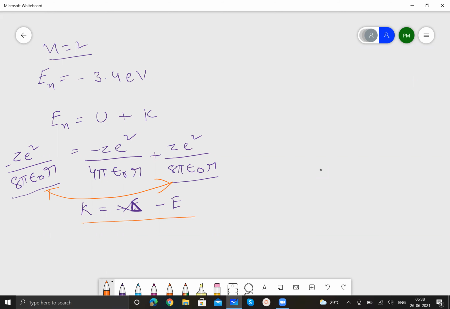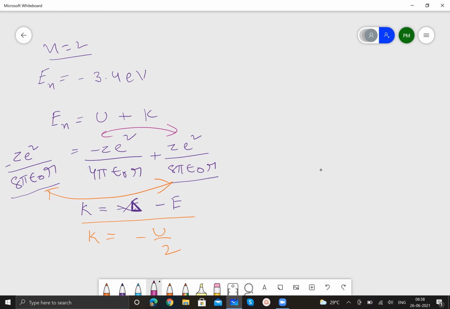Next, we can also write K is equal to minus U by 2. How do I get it? Comparing these two equations. U is minus ZE square by 4 pi epsilon 0 R, K is ZE square by 8 pi epsilon 0 R. So if you put minus U by 2, you will get this expression.